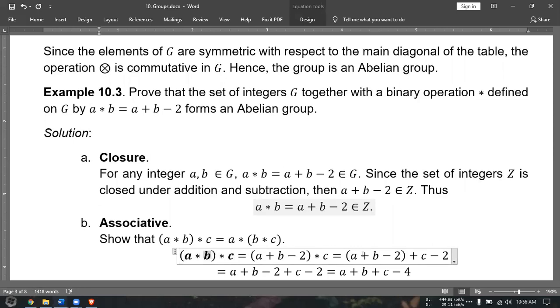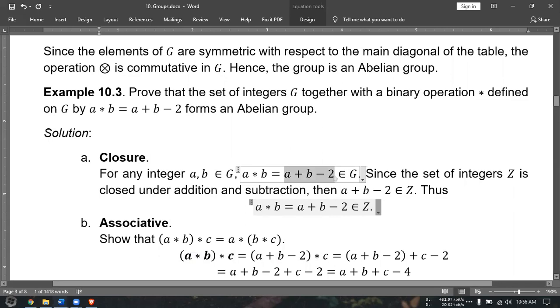Let's start with A star B. A star B is A plus B minus 2 by the given definition of the binary operation. A plus B minus 2, then we have star C.